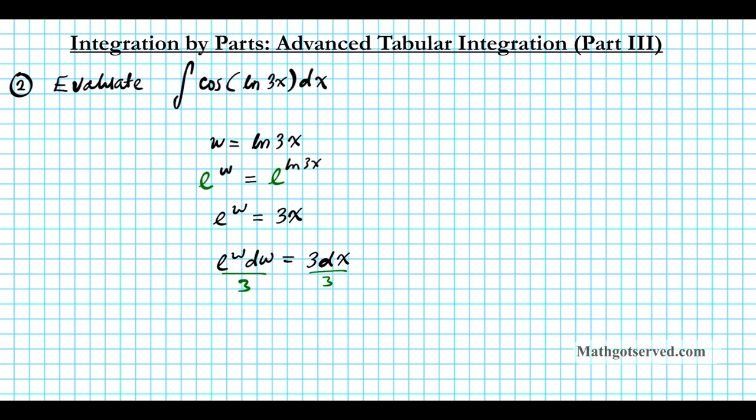So we have e to the w over 3 dw is equal to dx. So I'm going to make a substitution using this equation right here.